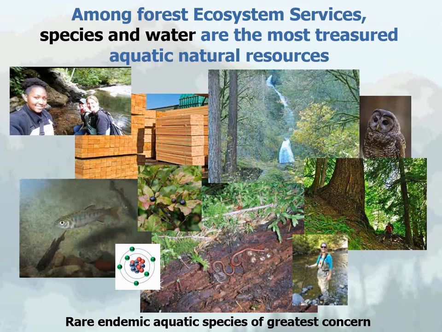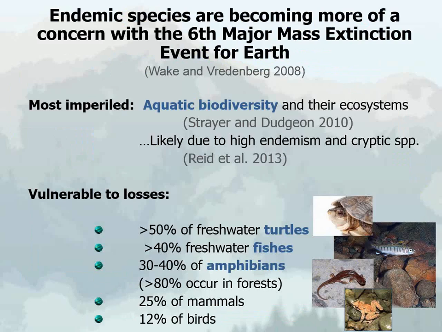Ecosystem service is a terminology that speaks about the benefits of natural resources for people. And so here you see a photo collage of many things that people value in the forests. But when you get into the aquatic and riparian habitats, the key benefits often come down to some of the species and the habitats, and water is a key part of that.